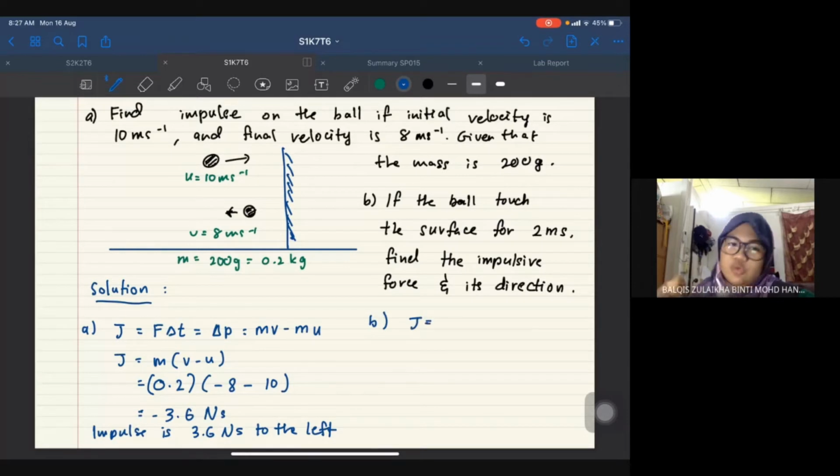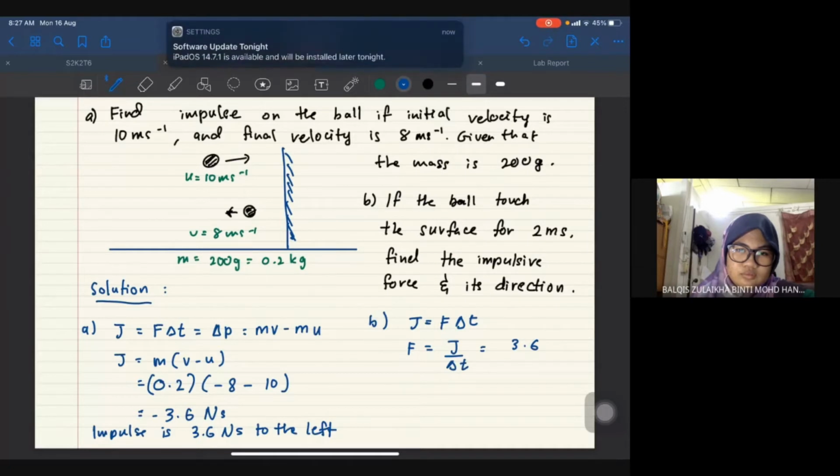Okay, F tu kita nak. Alright, correct. So you can find F using J divided by delta T. Okay, so since this one is to the left, you can substitute negative as well over there.